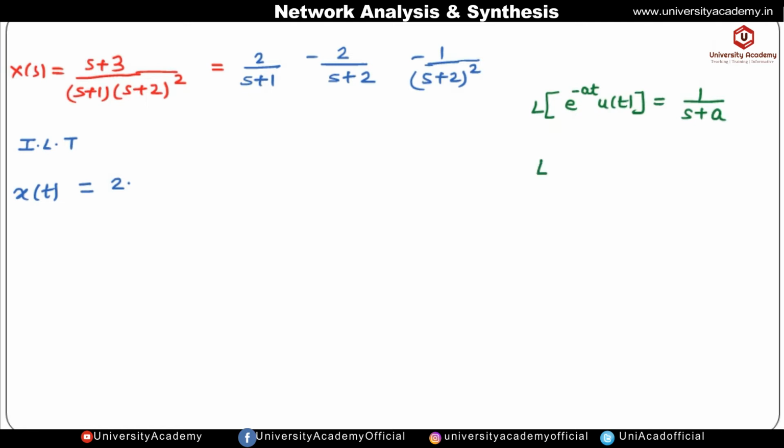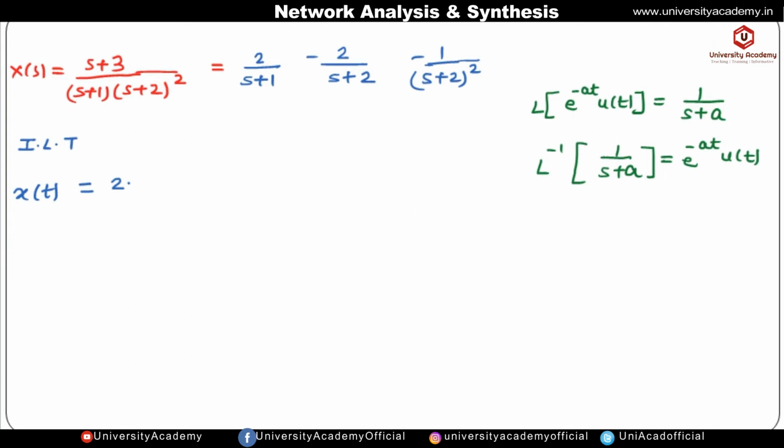So if we apply the inverse Laplace on 1 by (s plus a), you will be getting e to the power minus at into u of t. It means अगर यहाँ पे e की power minus at into ut है, then you will write 1 by (s plus a). It means यहाँ पे opposite sign आपका ध्यान रखना है कि अगर यहाँ पे minus a है, then यहाँ पे you have to write plus a.